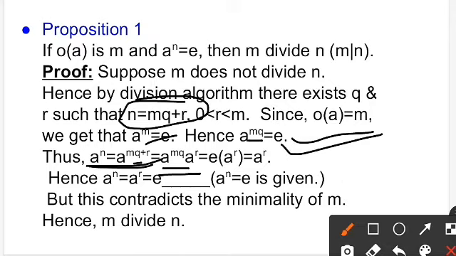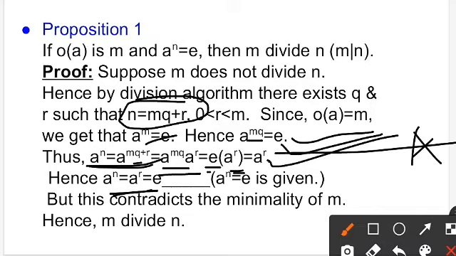Therefore we substitute E, so E into A raised to R. But E into A raised to R is nothing but A raised to R. So finally we get A raised to N is equal to A raised to R from this result, star.